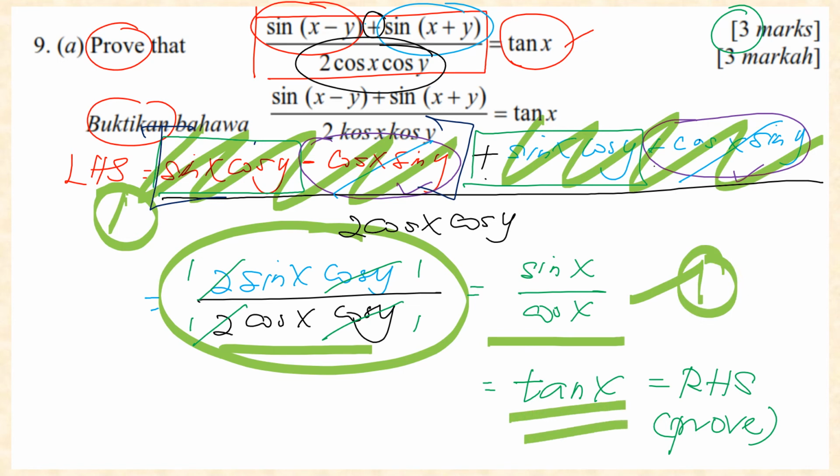Normally for this question in SPM, it will be 2 marks. But for this question, maybe the teacher wanted this to be 1 mark, this as 1 mark, to give allowance to the students. So this is 3 marks.